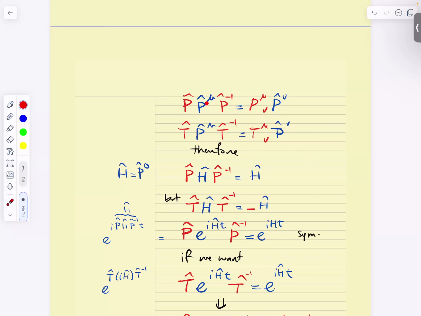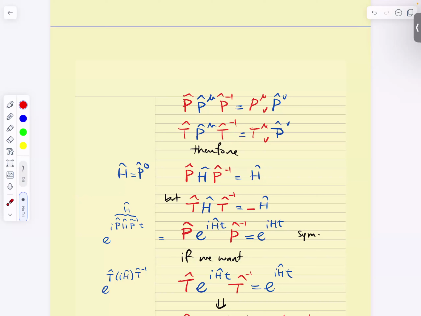This means that under parity, P naught, the Hamiltonian, is unchanged, but Pi picks up a minus sign. That's what this equation means as an operator. This means that under time reversal, the Hamiltonian picks a minus sign, that's P naught, whereas Pi is unchanged as an operator on the Hilbert space.